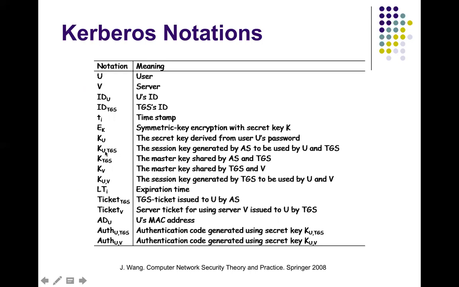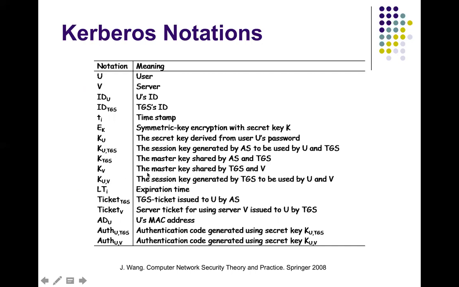And K sub U comma TGS is the session key generated by the AS server to be used by user U and TGS server. K sub TGS is the master key shared by AS and TGS.